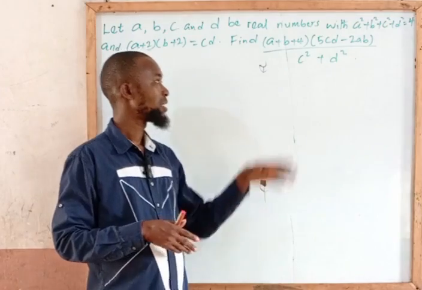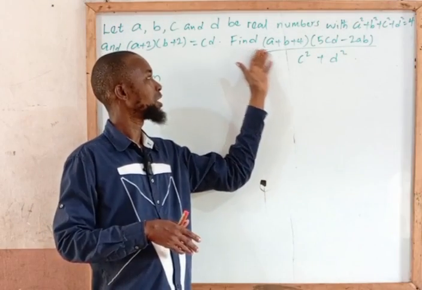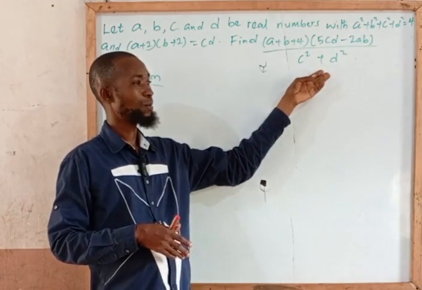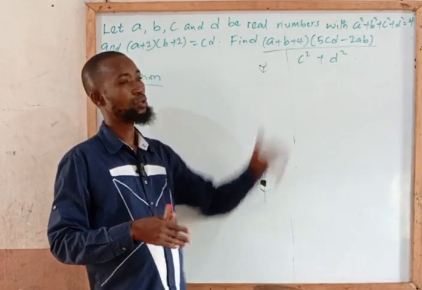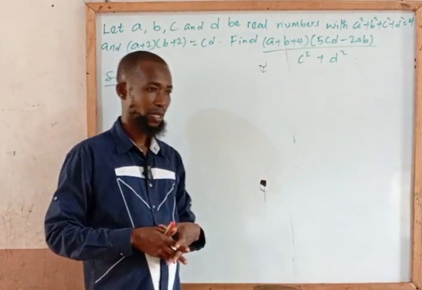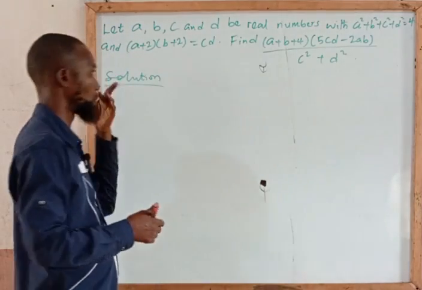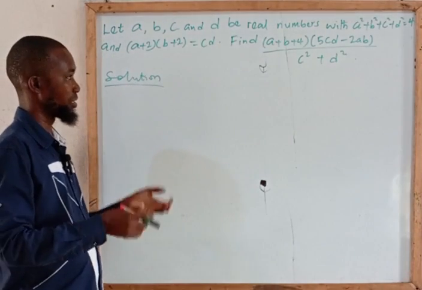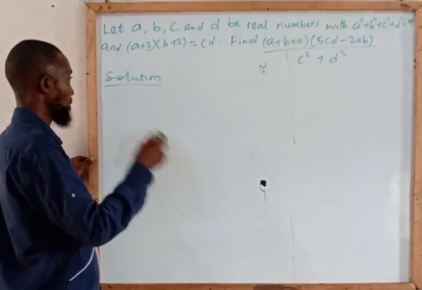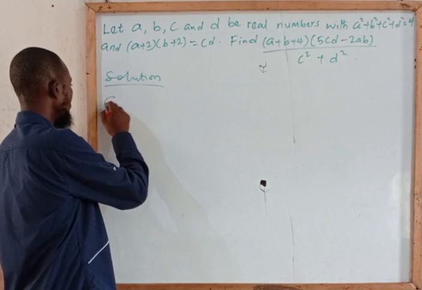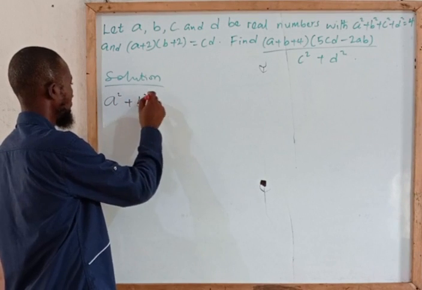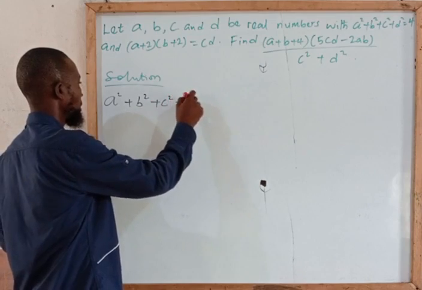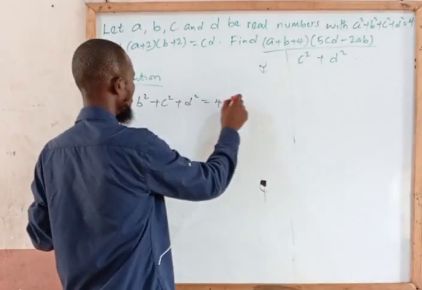Since dealing with it from the required part is not making sense now, it will make sense that we go straight into the given part of the question. And what are the givens? The givens happen to be two different equations. The first equation is a squared plus b squared plus c squared plus d squared is equal to 4.